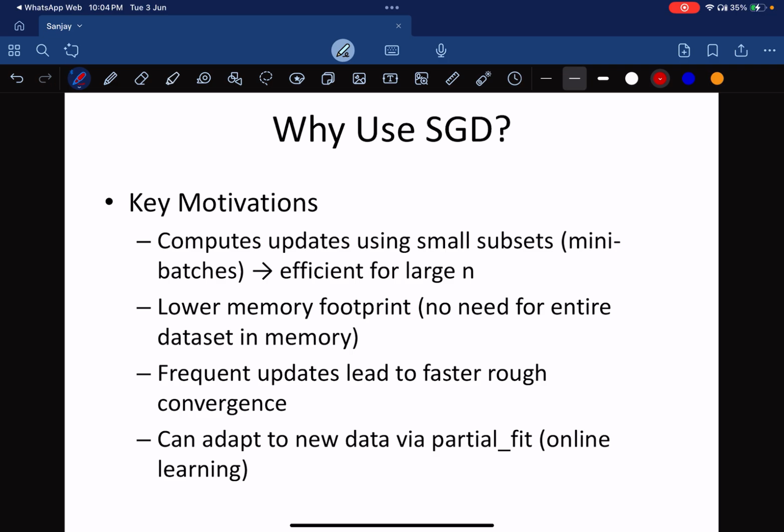Partial fit means we train the model on, say, a thousand points. There are lakhs of data points, and partial means only a small part of the entire data set is taken.